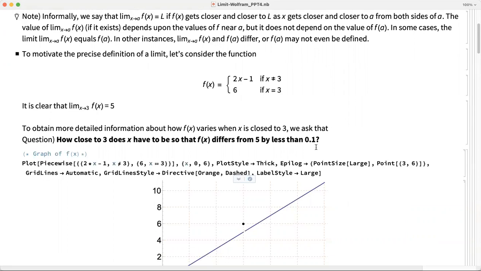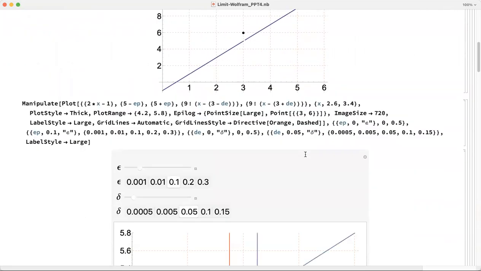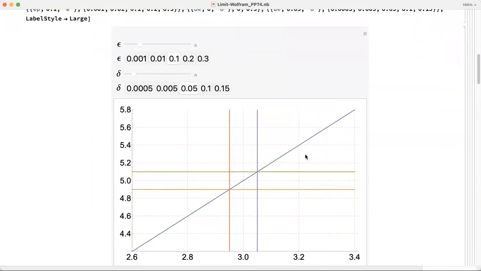Let's take a look at the graph. Epsilon represents the 0.1, the distance away from 5, the distance of f of x from 5, and delta represents the distance of x away from 3.